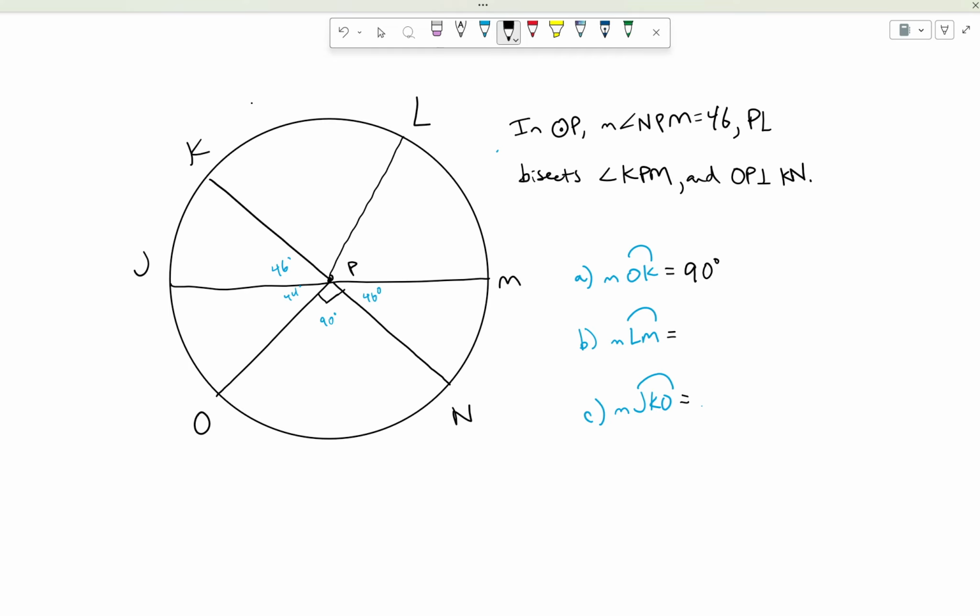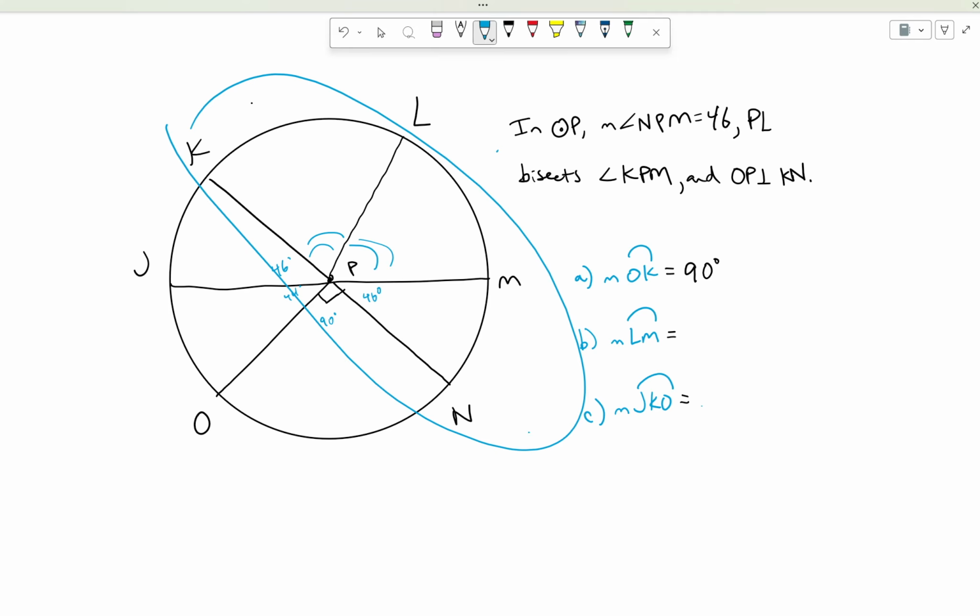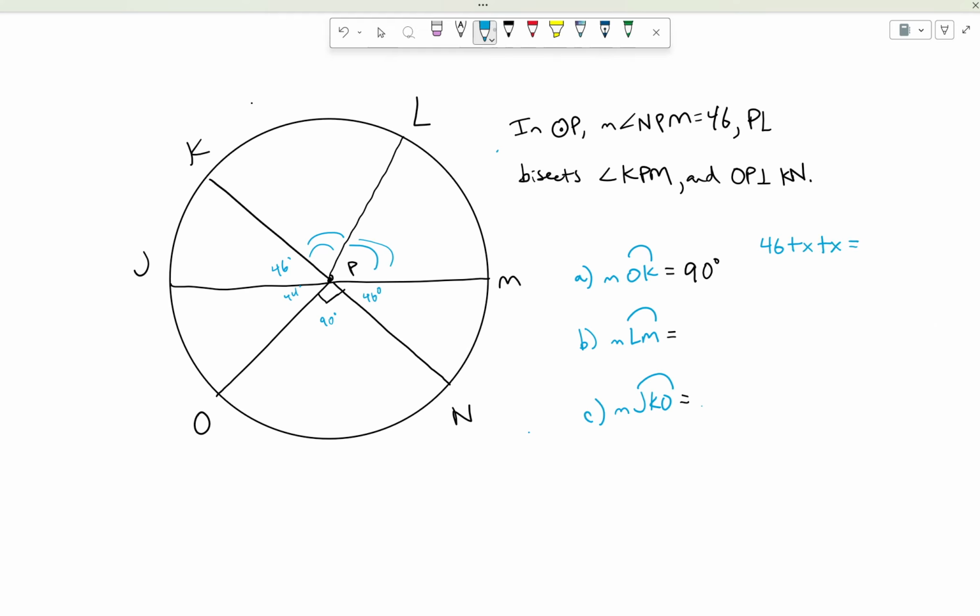Now PL bisects KPM. Oh, well, we know this. These guys have to be congruent. Excellent. So if we know this entire thing is the semicircle, right? We're going to go 46 plus 2x, and that's going to be equal to 180, okay?